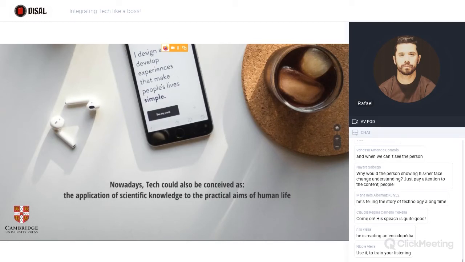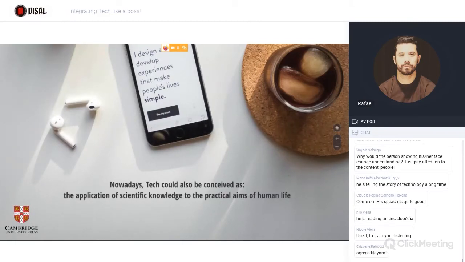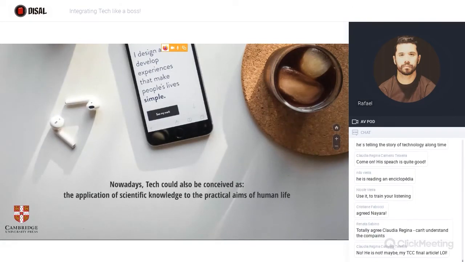So nowadays, tech could also be conceived as the application of scientific knowledge to the practical aims of human life. Because technology has evolved so much to the practicalities of the things that we do on a daily basis, helping us not only get things done in a simple way, but in a much faster way, you know? And this is also something meaningful.